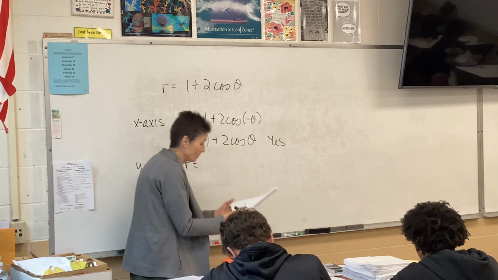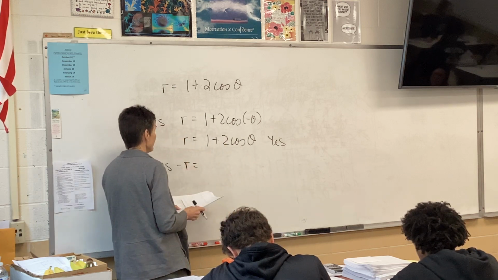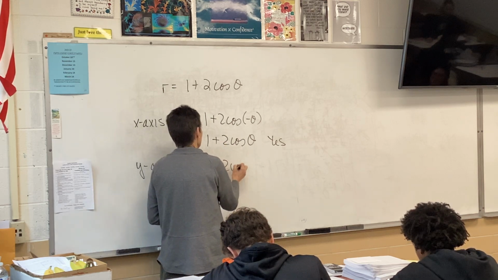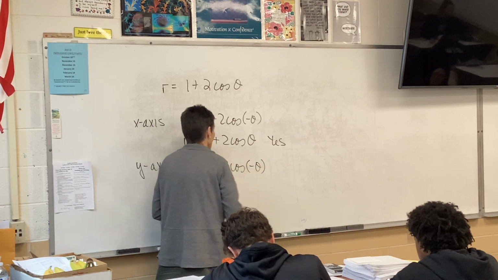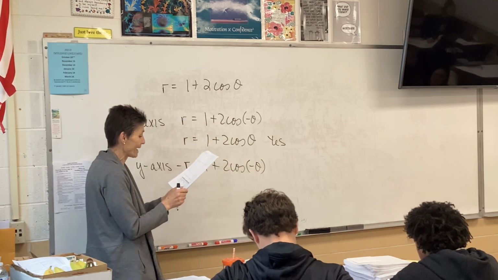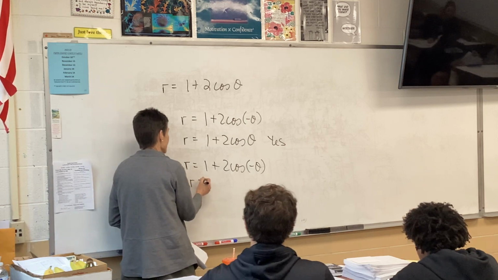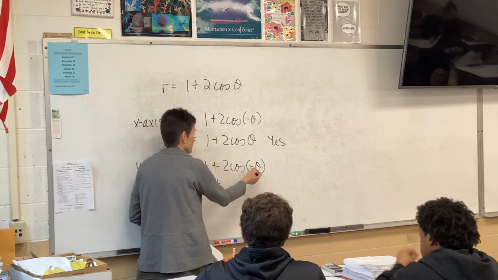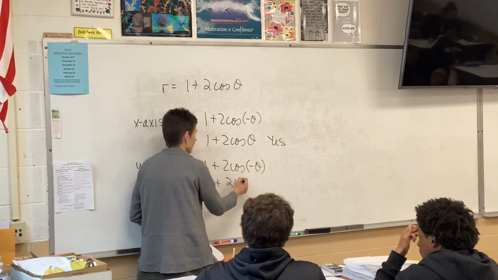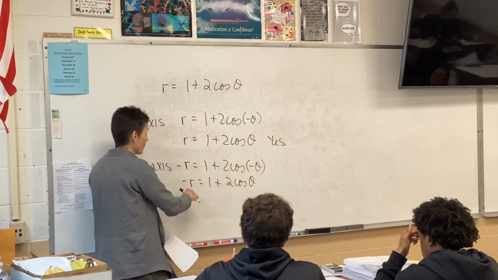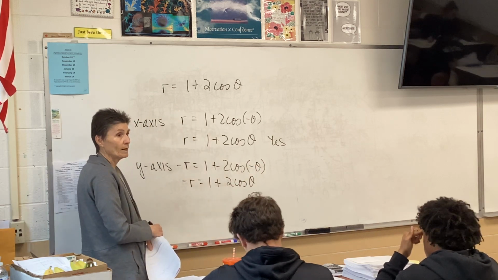First one, I'm putting in a negative r and a negative theta. That's the first test for y-axis symmetry. Well, I think you can see this one's going to be a no because we just said that negative goes away. So is that equation the same as the original one?